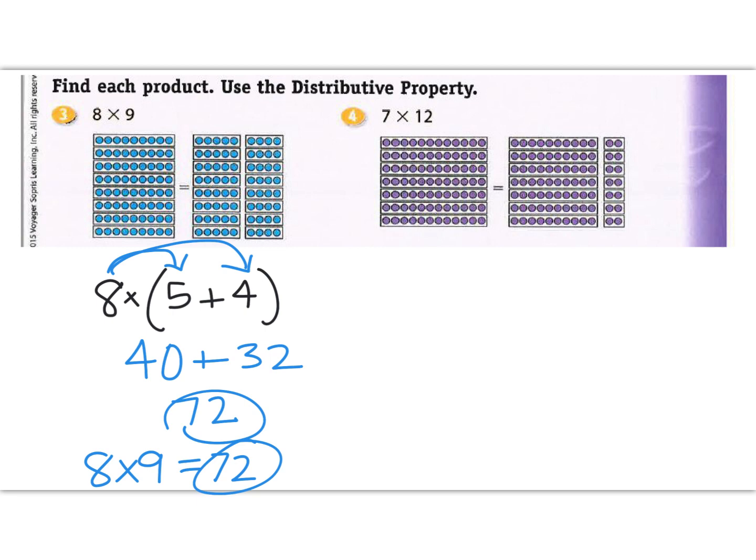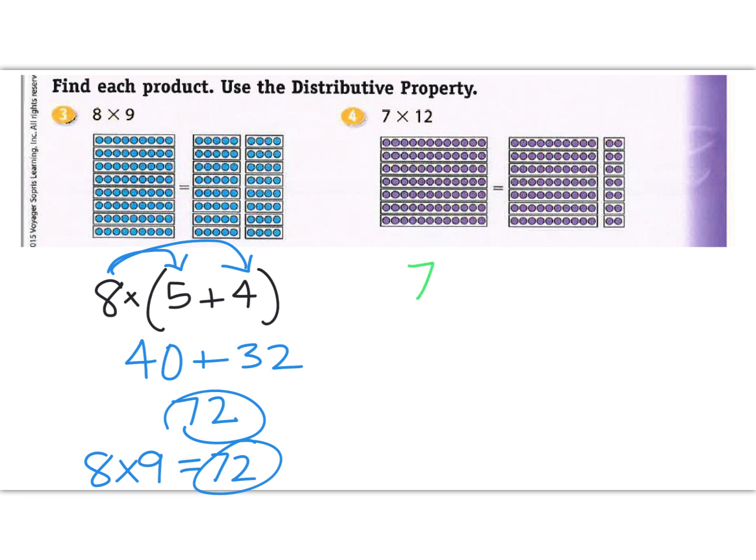So here's another way, and the reason why is because, look, if we get 7 times 12, we might not know that fact. So what they did here, we have 7 rows, and then they broke up the 12. There's 12 dots, but then they made it 10 and 2. So let's rewrite that.